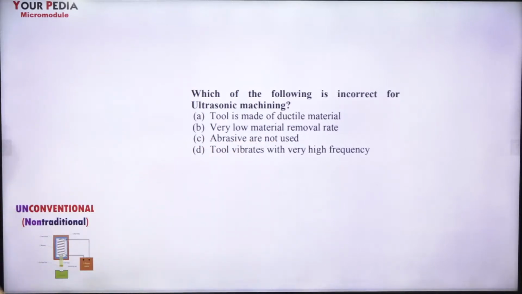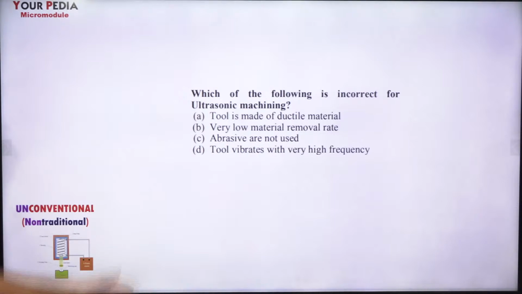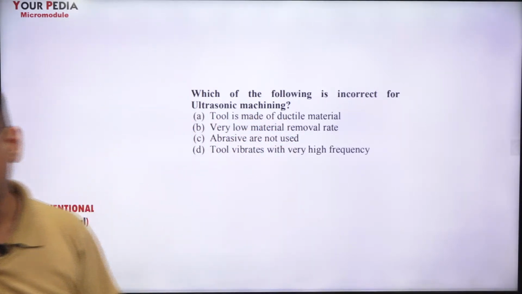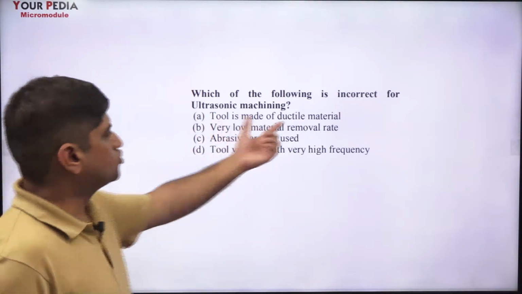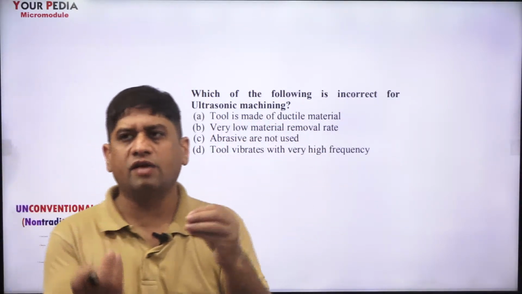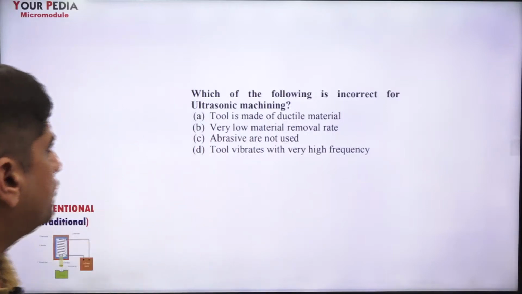It is written not used, but abrasives are used. Note down the tool is made up of ductile material, because if we use a brittle material tool, then obviously because of the abrasive slurry, the tool wear rate will be very high. But if we use ductile material, then the abrasive gets impinged in the tool. That does not create any wear on the tool.